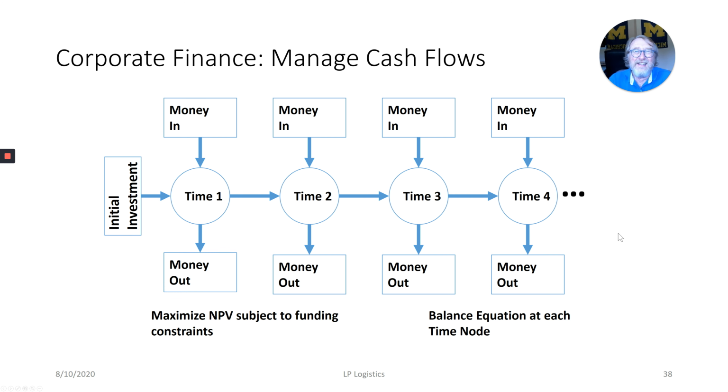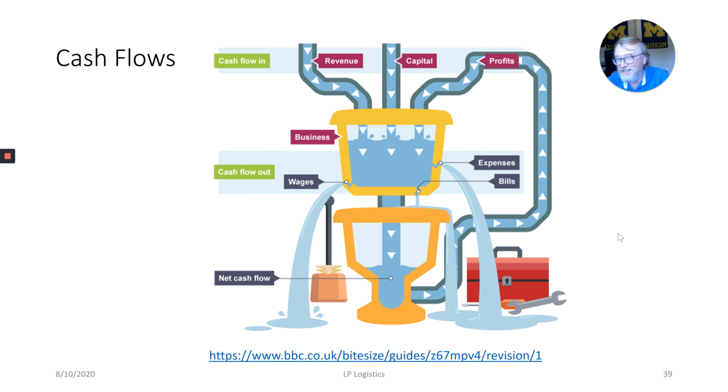All right, the next slide's kind of goofy. I saw this on a BBC website and I thought, whoa, this is cash flows, but they represent it as a leaky toilet. We have revenue coming in through this pipe, capital coming in through this pipe. I've never seen a toilet that has hot water and cold water. Where did the profits come from?